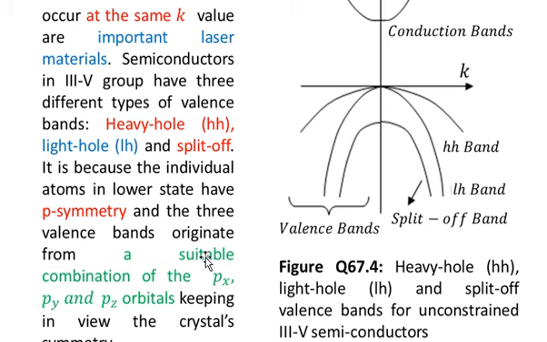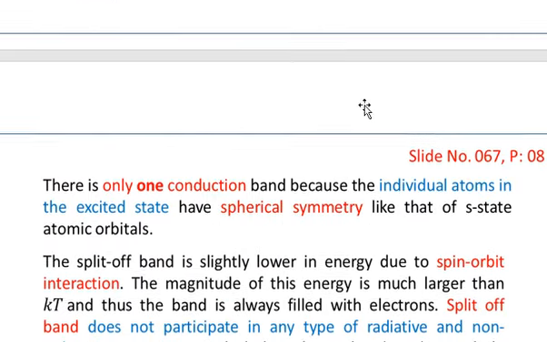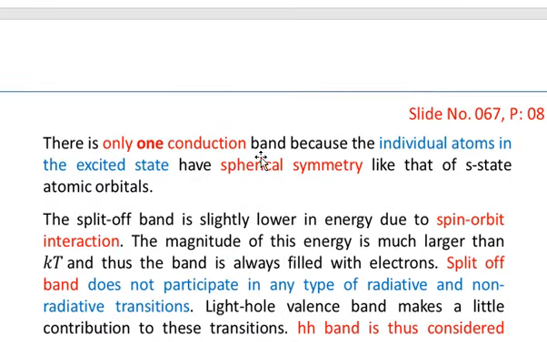But you know that there are no such orbitals available for the conduction band. Let's see next. There is only one conduction band because the individual atoms in the excited state have spherical symmetry like that of the S state atomic orbital.